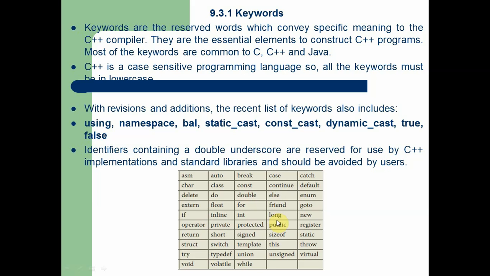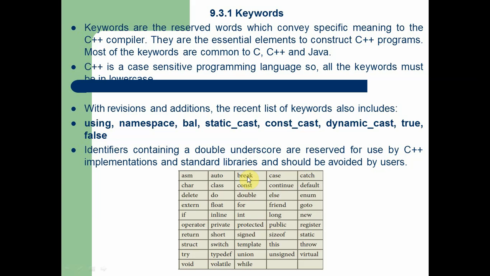For example, if you are using the word break, then you should use that word in this case only. That is, all the keywords should be in lower case. If you use a capital letter, or any one of the letters is a capital letter, then it is not considered a keyword. So C++ is a case sensitive language, so all the keywords must be in lower case.